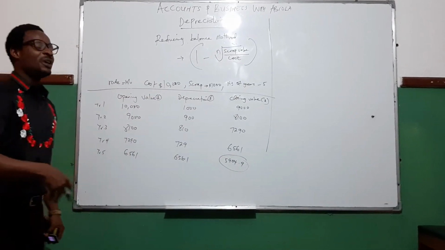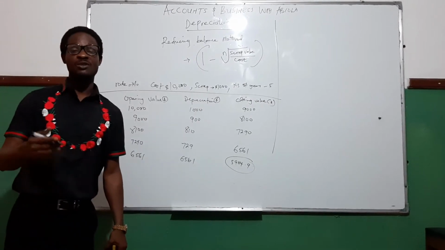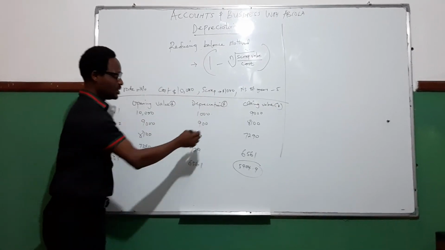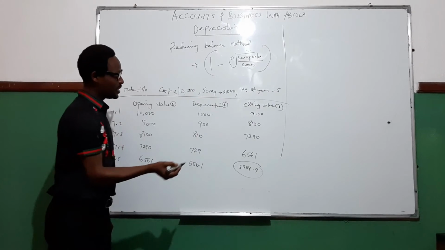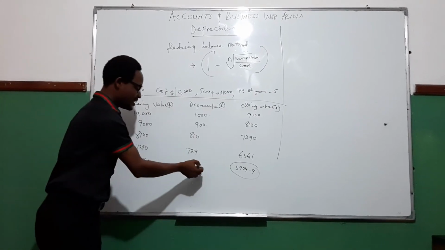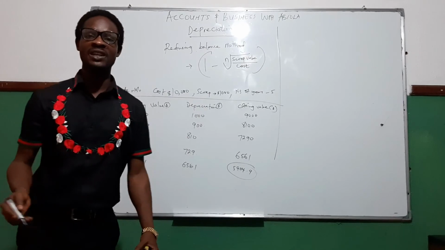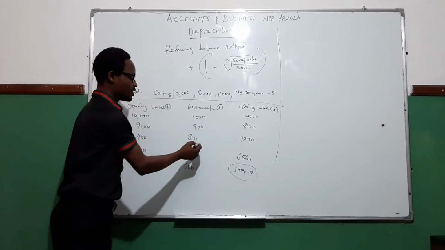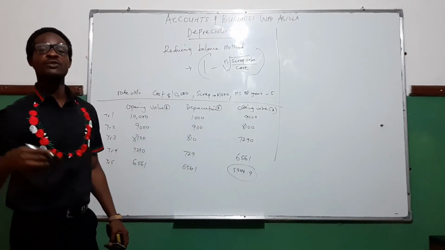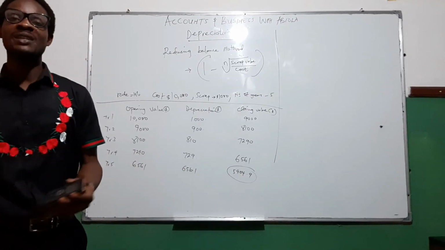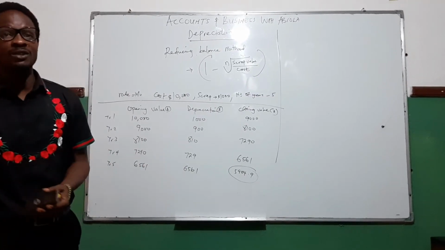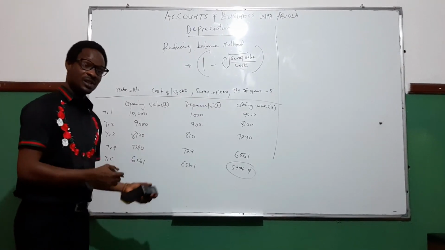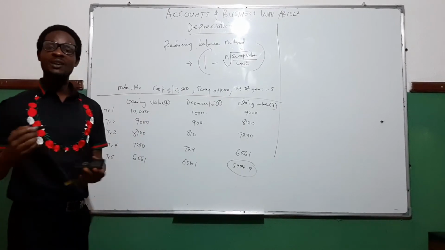So when we prepare our provision for depreciation account as was prepared in the straight line method, this will be the depreciation in year 1, year 2, year 3, year 4, and year 5 respectively. And in the income statement extract, these will be the values charged as expenses for depreciation. In the statement of financial position extract, under assets, machinery is an asset, the cost is 10,000, and the aggregate depreciation for each year is as follows.